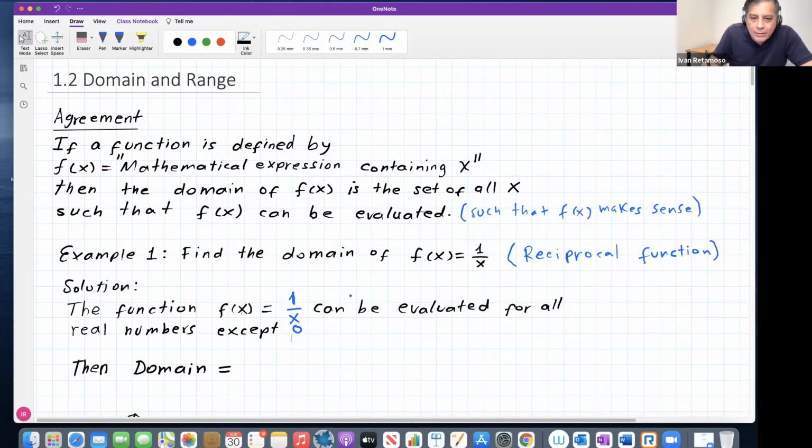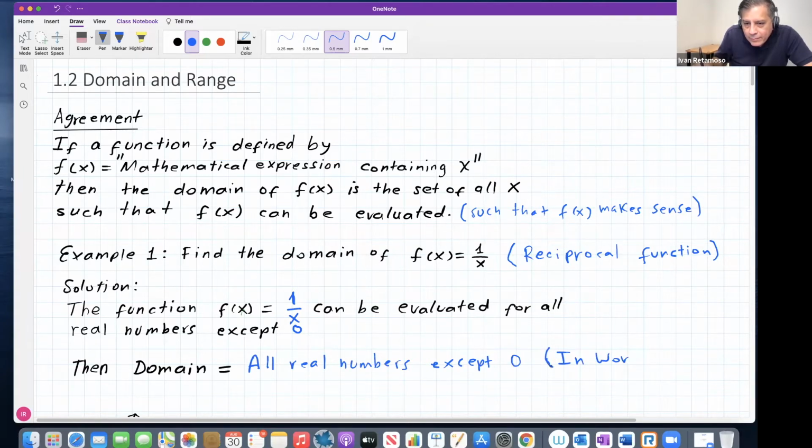Well, first in words, okay? It will be all real numbers except 0, right? This is in words. First version of the domain in words.